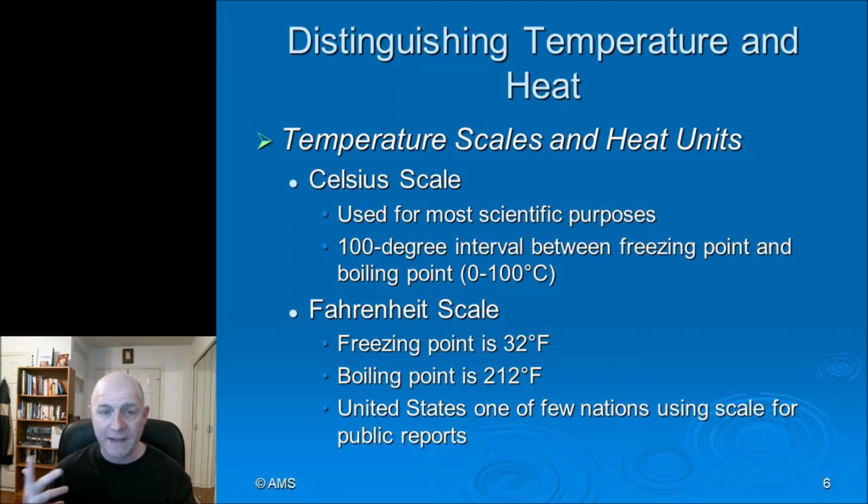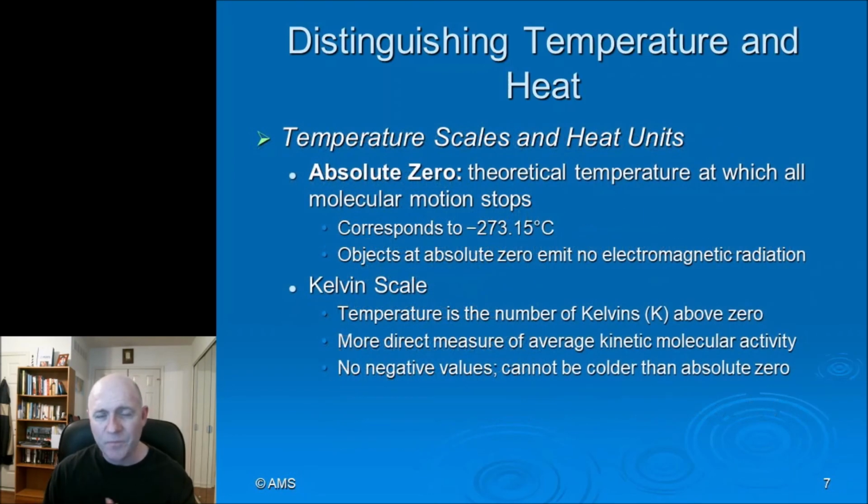At higher levels in the atmosphere, where the atmospheric pressure is not as great, water actually boils at a slightly lower temperature than 100 degrees Celsius. Fahrenheit, of course, is what we use here in the States, where the freezing point is 32 and the boiling point is 212, but the U.S. is really one of the very few nations that uses that scale for public reports.